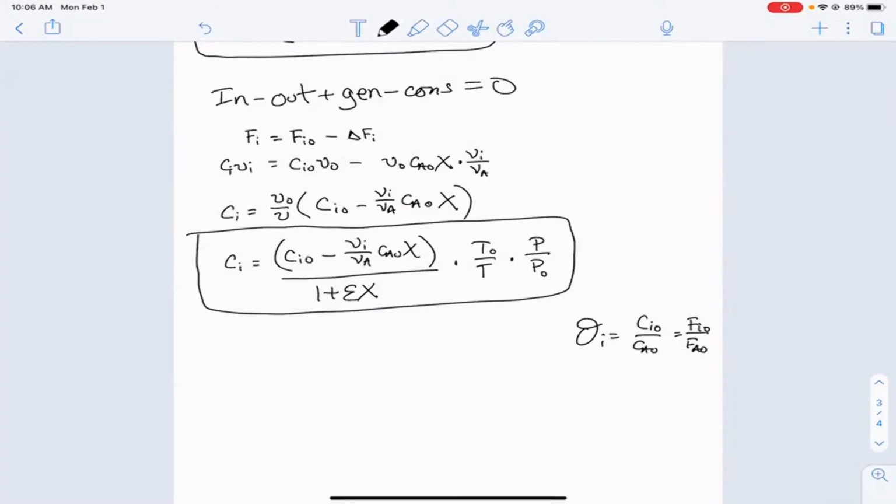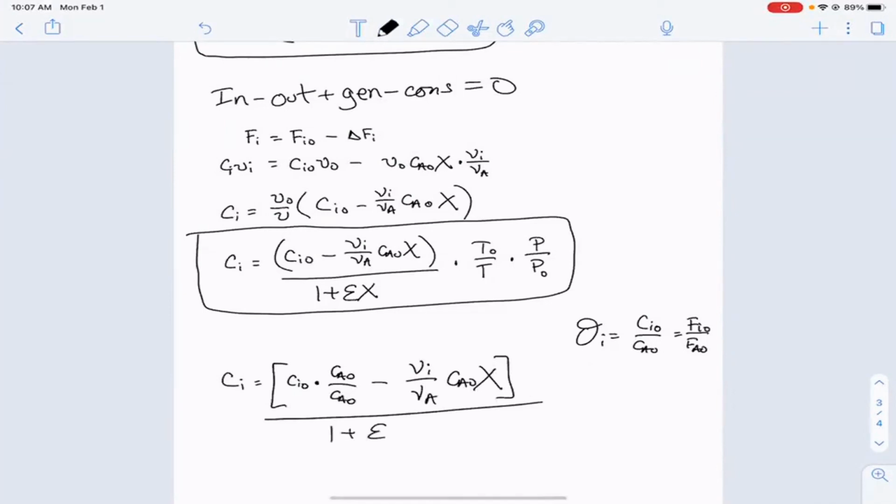And the reason that they do that is that now you can get Ci equals, and I'm going to keep the parentheses really quick, Ci0 times Ca0 over Ca0 minus the ratio times Ca0 times the conversion over 1 plus epsilon X times T0 over T times P over P0.